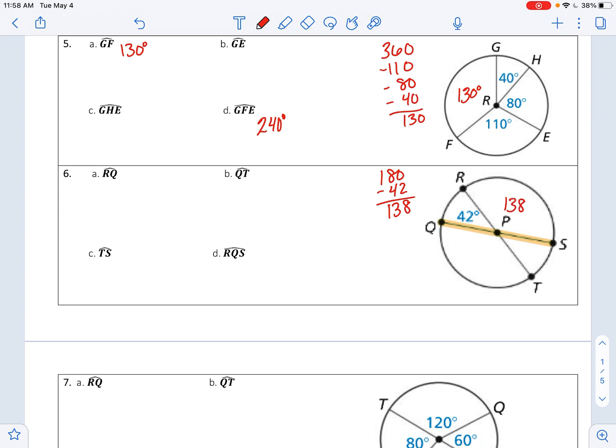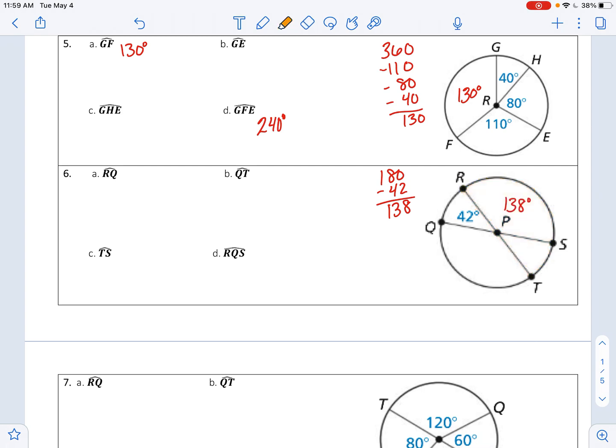So that is 138 degrees. And you could continue around the circle. You could say, well, here's a diameter. So this is 180. I already have 138. So I could take 180 minus 138 to find out what's left there.